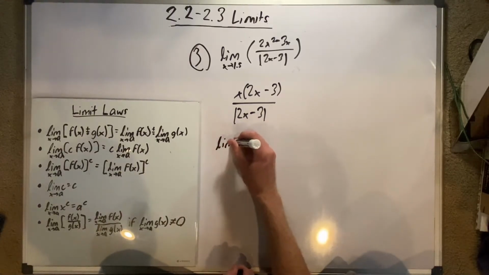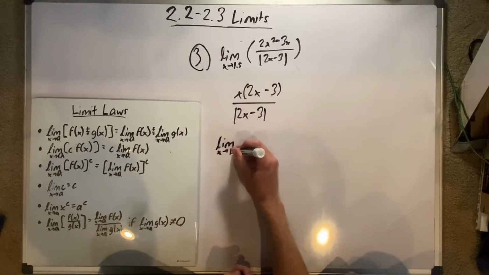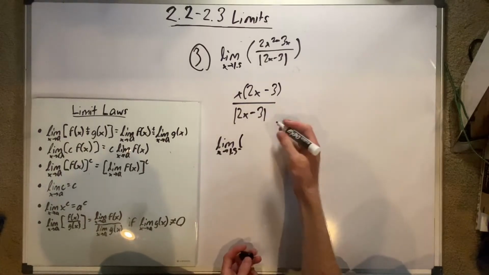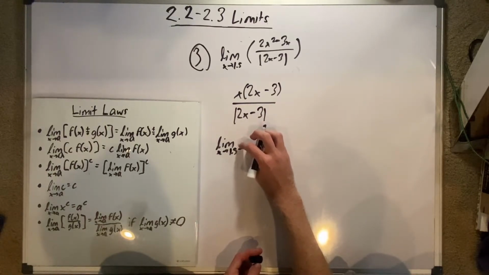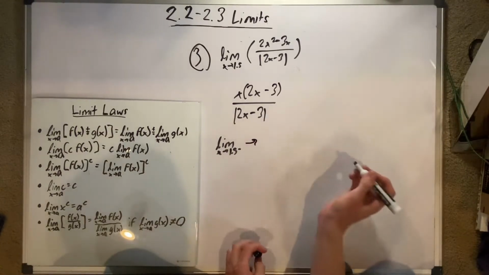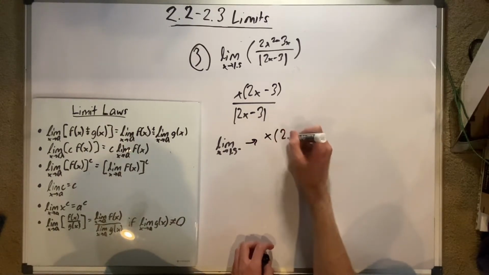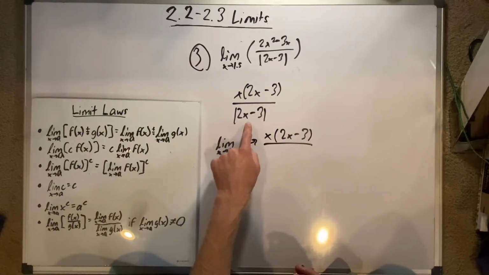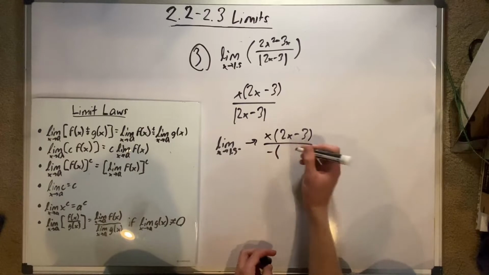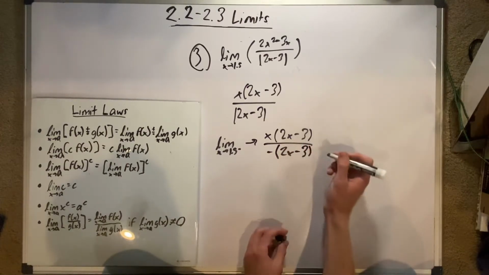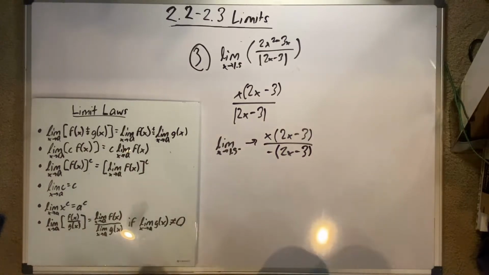So the limit as x approaches 1.5 from the negative side of this function becomes x times 2x minus 3, and this will always be negative. So we're going to have negative 2x minus 3 as it approaches from the negative side.